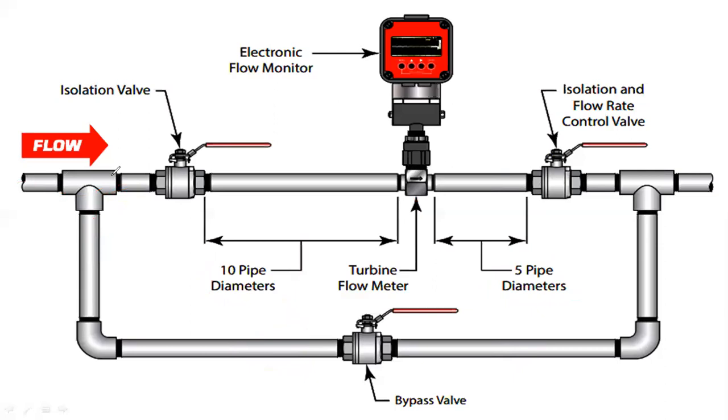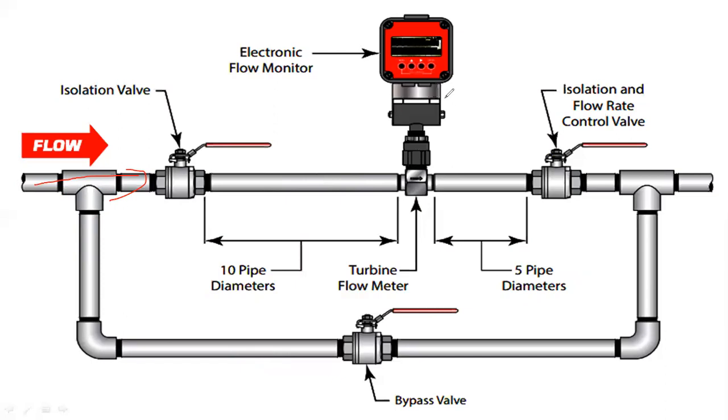The flow passes through this area, and we use this isolation valve to control the flow rate. Whenever we open the valve totally, the flow rate is at very high speed. So a high flow rate occurs in this pipe, the turbine rotates at very high speed, and the flow rate of the pipe is calculated at very high speed.